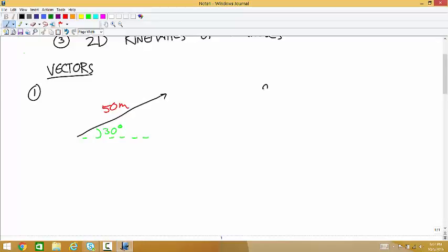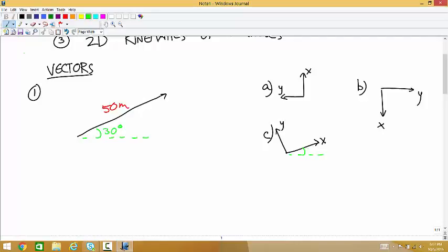And it asks for the components in this coordinate system, and then in this coordinate system, and then in one that's rotated, where this angle is 30 degrees.